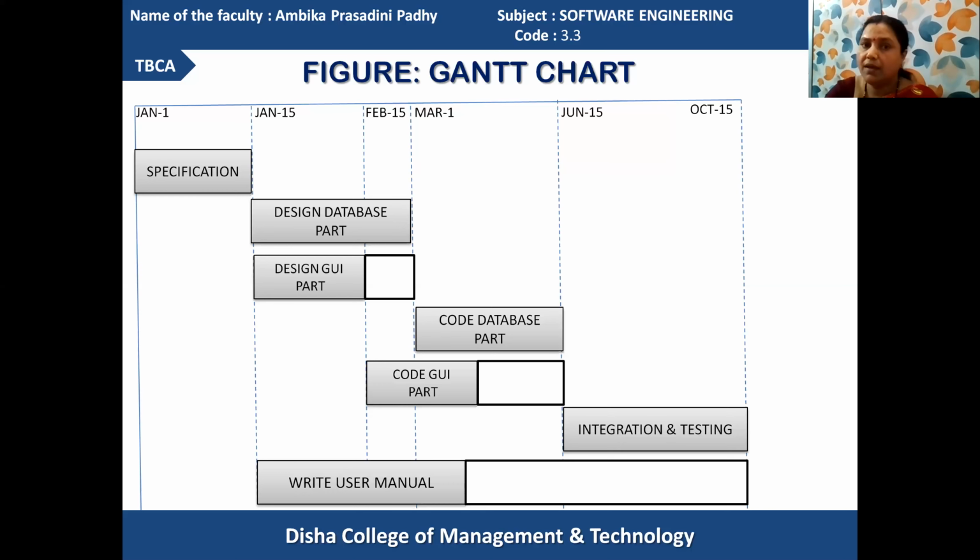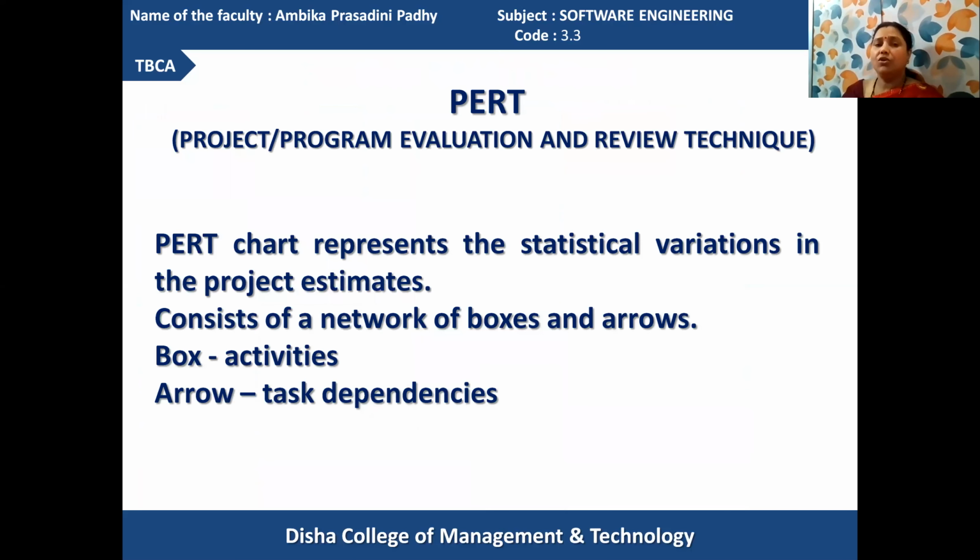Understood? Next, PERT chart. PERT is Project or Program Evaluation and Review Technique. Your Gantt chart contains the jobs to be executed one after another. The PERT chart specifies an activity network showing the activities to be executed, and how much estimated time each activity requires.